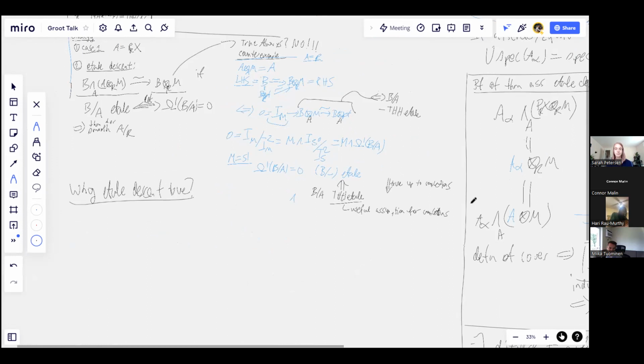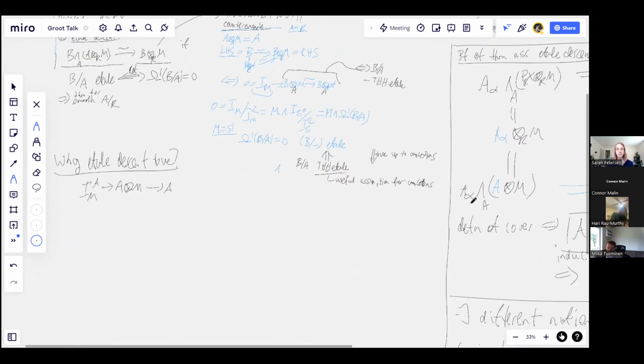So I'm going to take a tensor m to A, and I'm going to call this ideal I sub m A. So I have B smash over A with A tensor R M modulo the ideal, and then I have this thing modulo the ideal squared, and this thing modulo the ideal cubed.